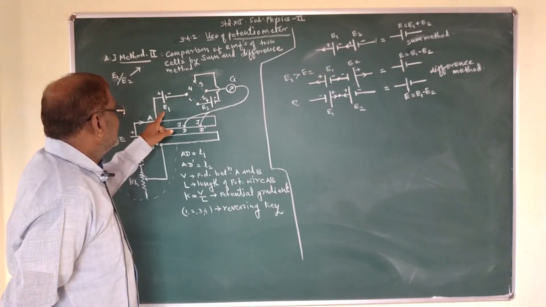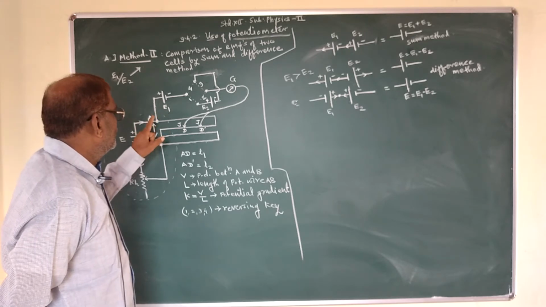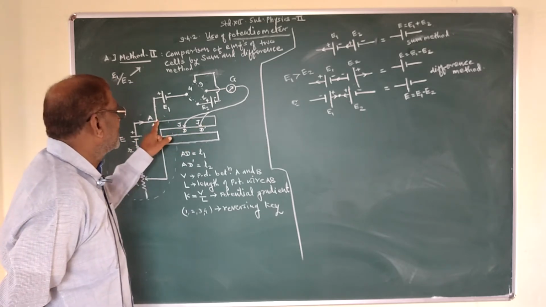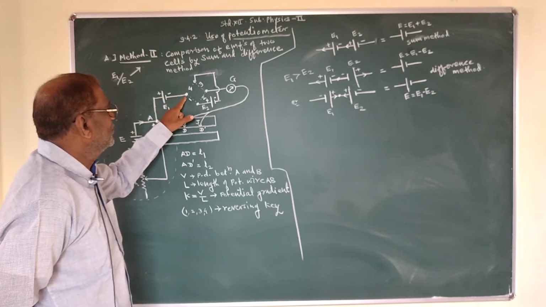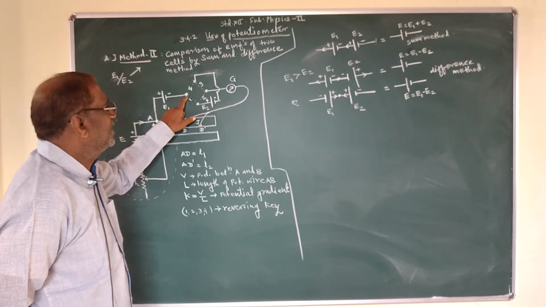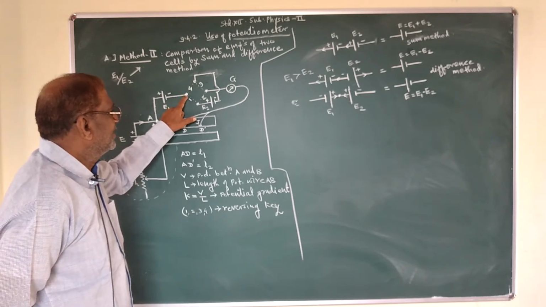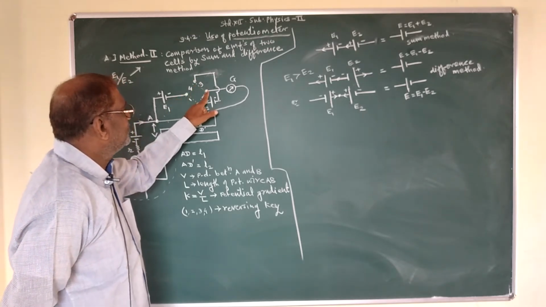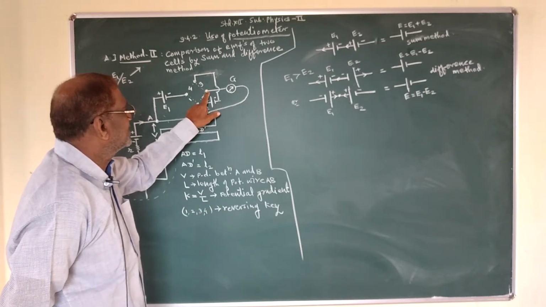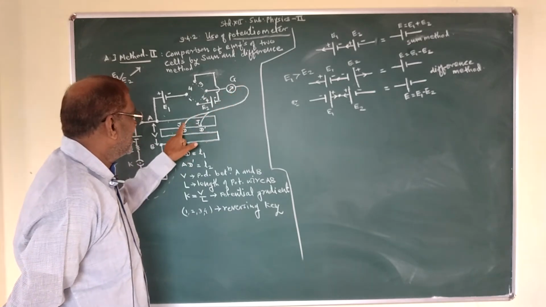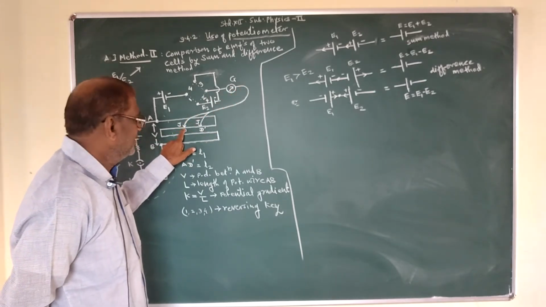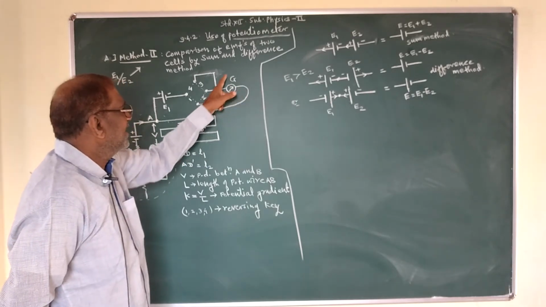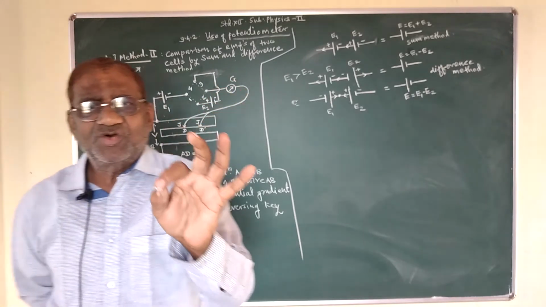Now the first cell is connected with its positive terminal to the A end of the potentiometer wire, while the negative terminal is connected to one point of the reversing key, that is the first point, while the third point of the reversing key is connected to a sliding contact jockey J, which can slide on the potentiometer wire AB through a center zero galvanometer, by which we can observe zero deflection.